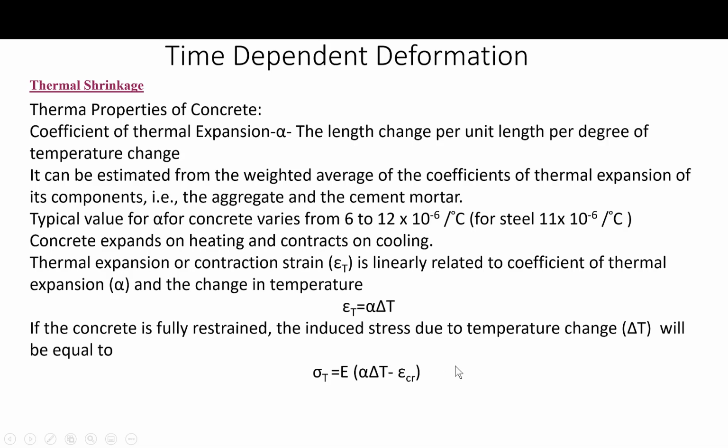Okay, so at early ages, concrete usually rises in temperature as the cement hydrates. So this results in compressive stresses. But stress relaxation is high and the modulus of elasticity is low at these early ages.